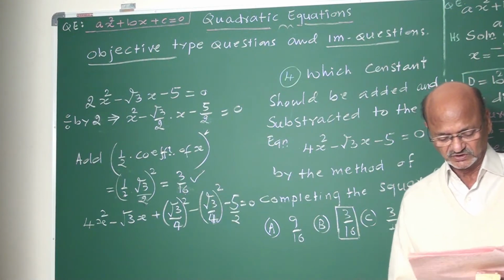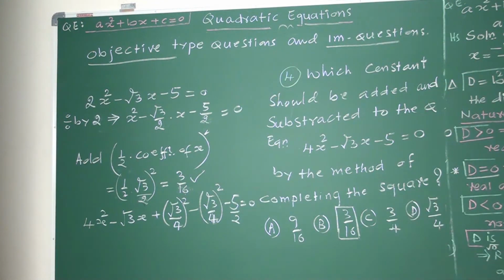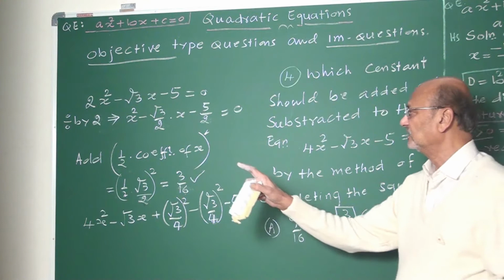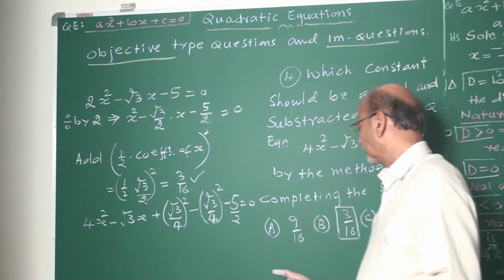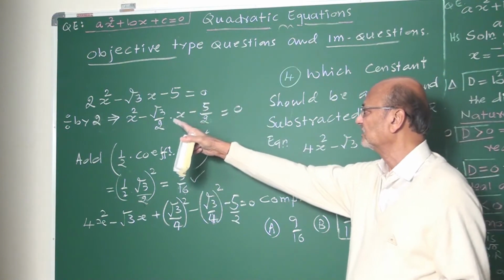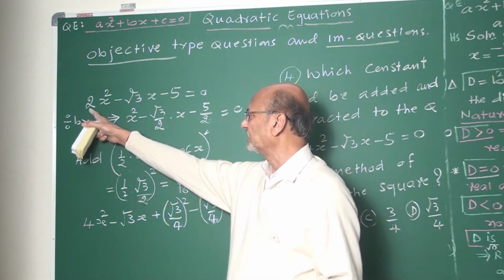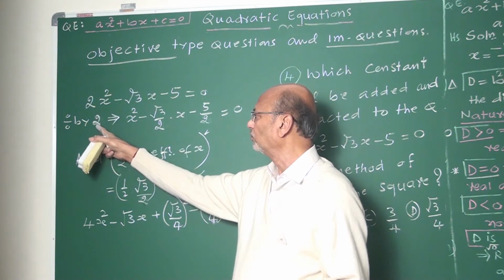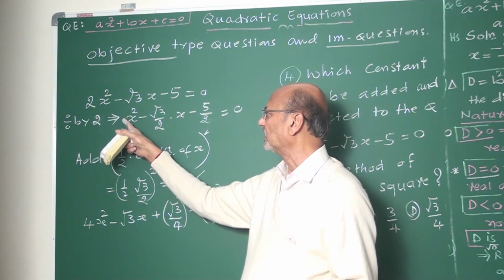Yes, my friends. I hope it is clear. There is a little confusion with the options. Here I had taken 4, but it is not 4, it is 2. Then you have to divide by 2 to make the coefficient of x square 1.